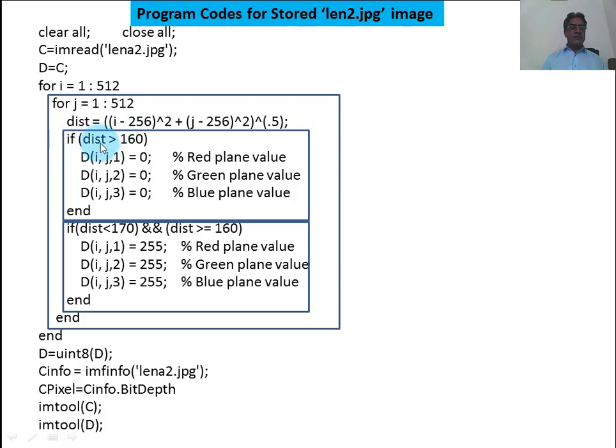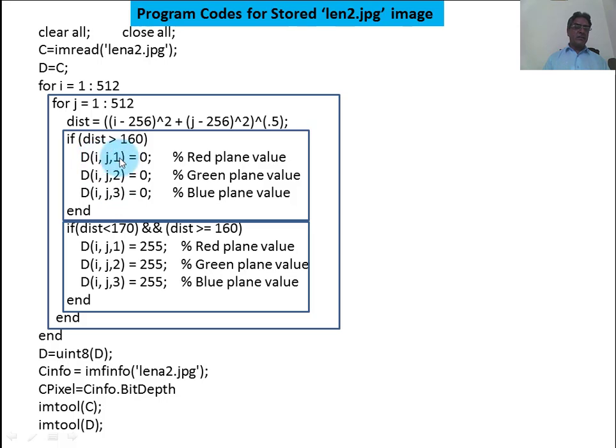So if distance is greater than 160, make the red plane zero. RGB, or the color image, has three planes: the red plane, the green plane and the blue plane. This image is also called an RGB image. The red plane is indicated with 1, the green with 2 and the blue with 3.